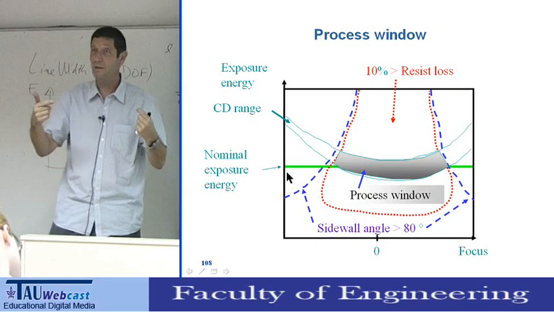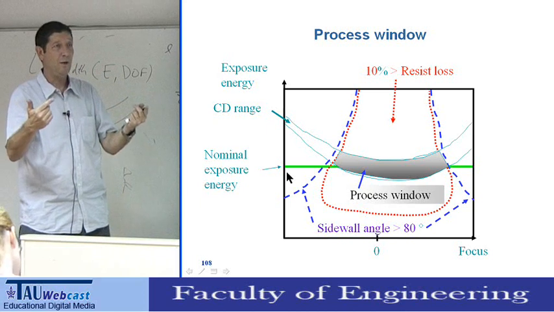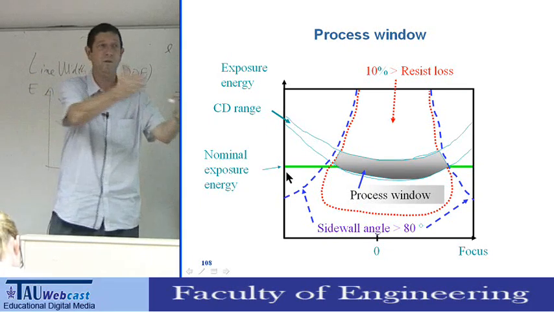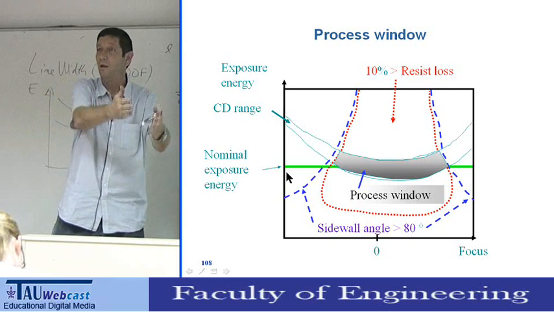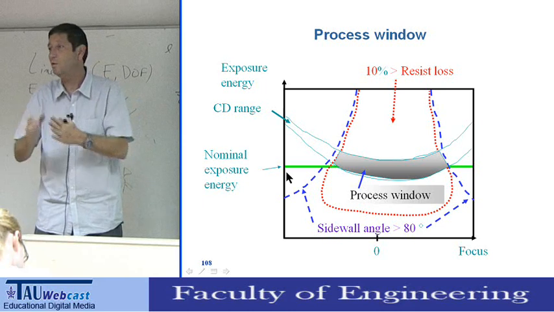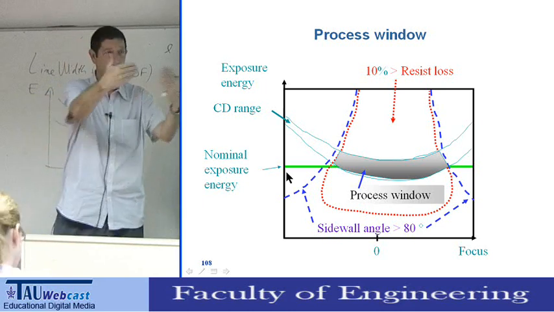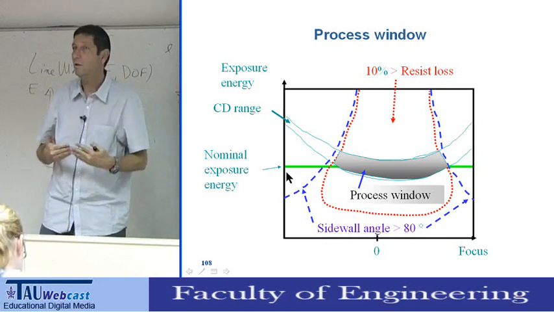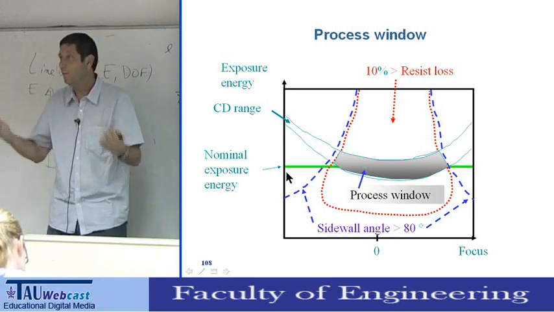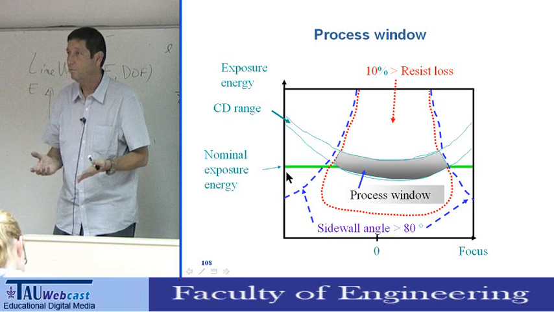And I can calculate it. If I know the line width, I can estimate the performance of the transistors. And I can transfer it to the designers. I can tell them, your critical dimension is 45 nanometer plus minus such and such. And they can take it into consideration when they model and when they design the circuits.